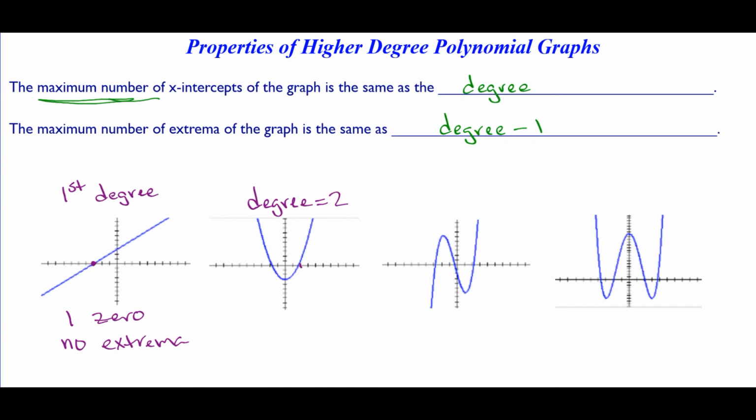So I have 2 x-intercepts, and I have 1 maxima, or 1 extrema. This is a degree 3 polynomial. So we have 3 x-intercepts.